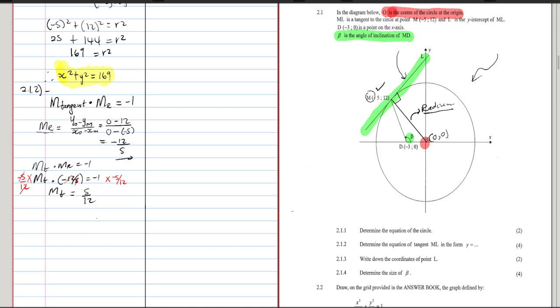So therefore we're going to take this gradient and work out the equation of the tangent. So we're going to say y equals mx plus c. Gradient we substitute. For the y and the x, we're going to substitute the M point. Y, that's 12. Gradient, that's 5 over 12.